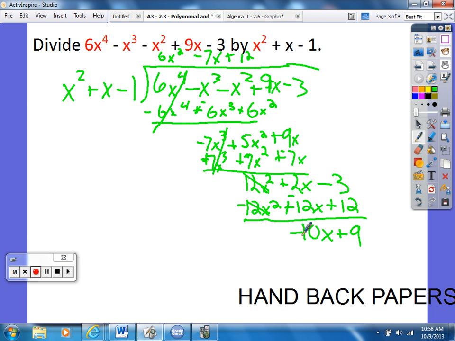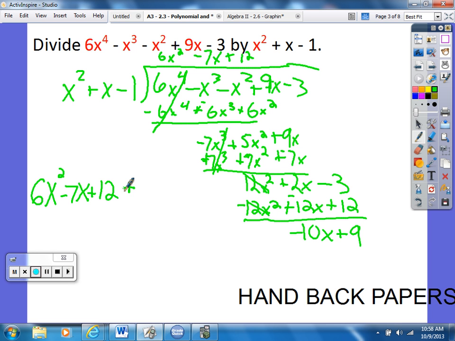On the last problem, we did not have a remainder. So we're going to write our answer now with the remainder. So here's how I would write my answer. 6x squared minus 7x plus 12. So I rewrote the stuff on the top, right? Plus, and just like you did when you had a remainder in elementary school, you made it into a fraction, right?